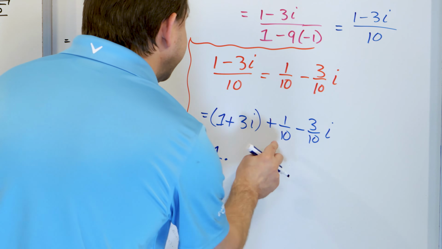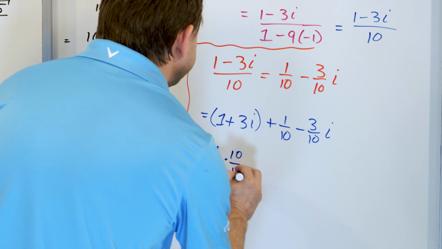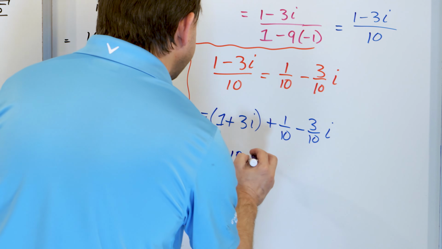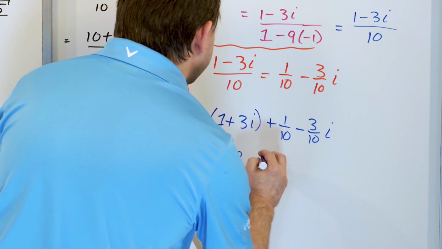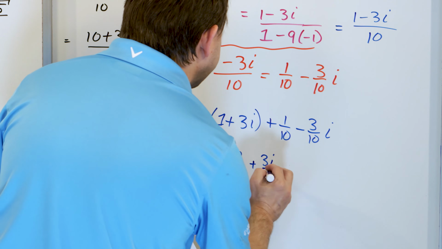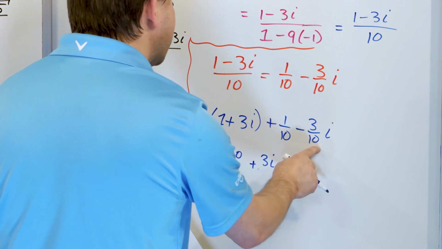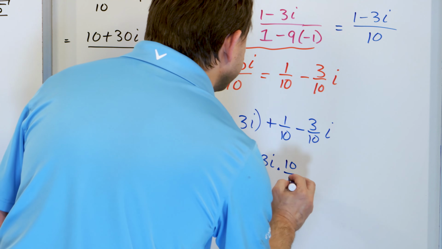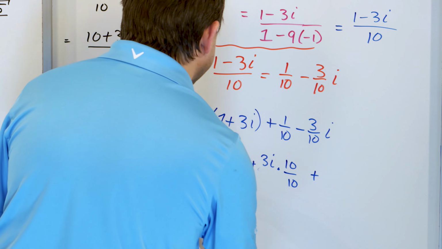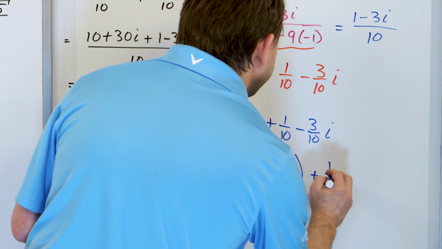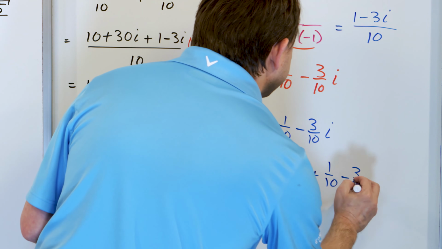And I'm going to multiply to get a common denominator, 10 over 10. And then over here, for the 3i, well, that's 3i over 1. I can multiply, again, to get a common denominator with this one, again, by 10 over 10. And then I'm going to basically have all of this guy plus 1/10 minus 3/10 i.